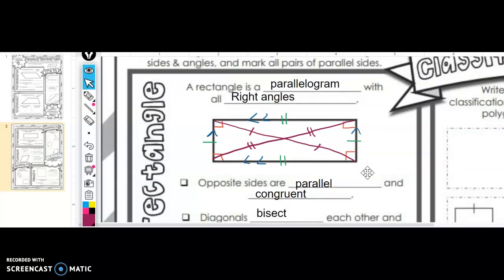I'll move it up just a little bit to get my drawing back on. So a rectangle is a parallelogram. It has all right angles. The opposite sides are parallel and congruent, so those are the blue marks and the green marks. The diagonals bisect each other, so they split each other in half, and that makes them congruent. So that's the dark red marks.